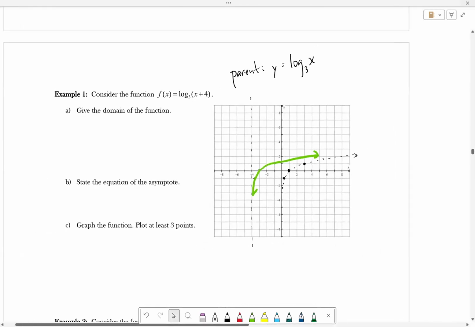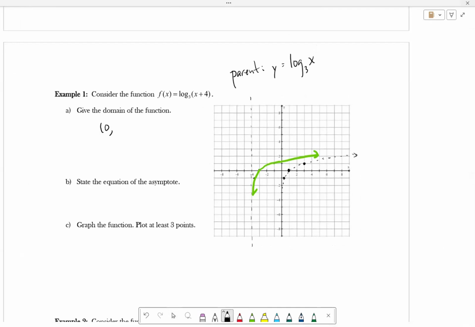I think we already know that the domain is from -4 to infinity. The equation of the asymptote, x equals -4. And graphing the function, done.